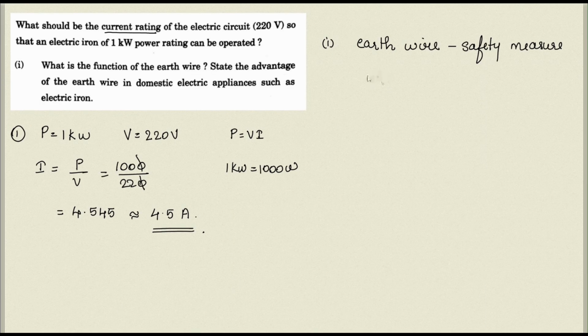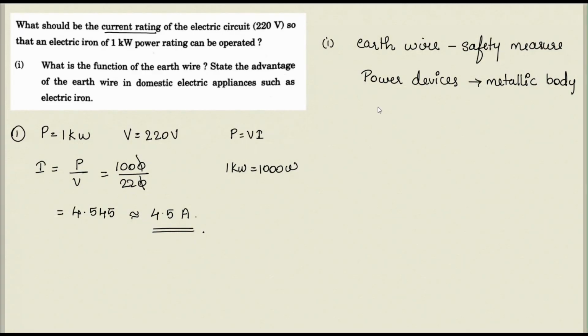See, whenever we have high power circuits or high power devices, they utilize more power, more current. Yes, we know that. Power devices will be having a metallic body in it. Now, which are those devices? Just like an electric iron, we can say the microwave, refrigerator. So these kind of high power devices have a metallic body in it. And as it is metal, it is conducting.